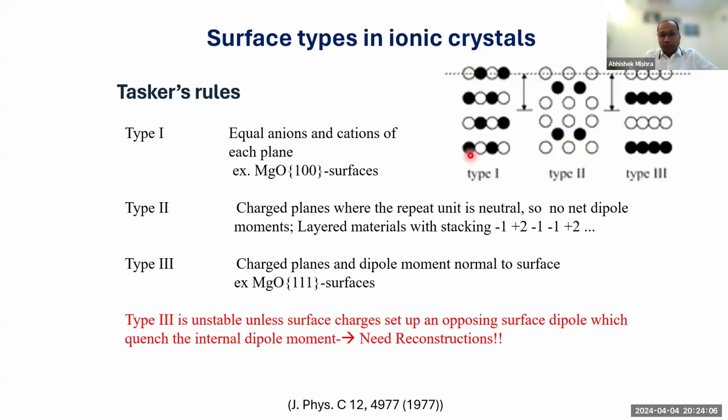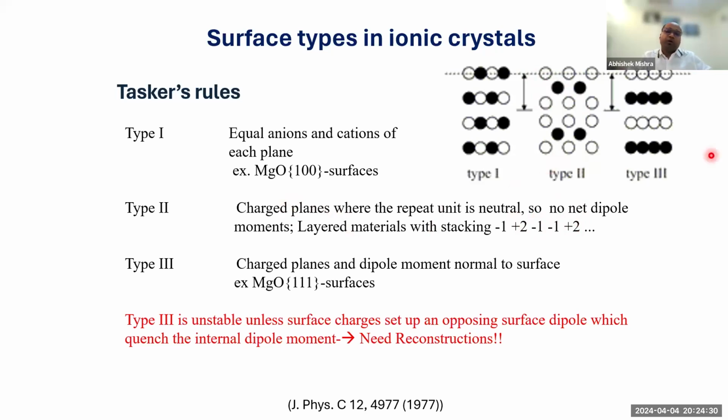These are non-polar, because you have alternating cations and anions. In type 2, you have charged planes where the repeat unit is neutral. It is minus 1, plus 2, minus 1, minus 1. So as a total, you have no dipole moment.